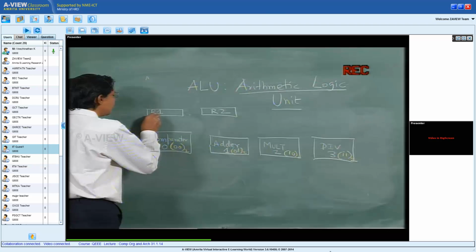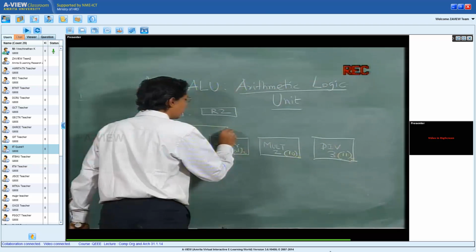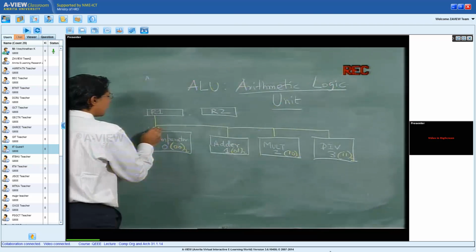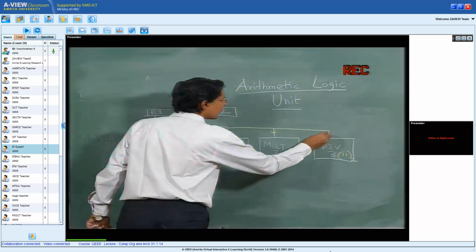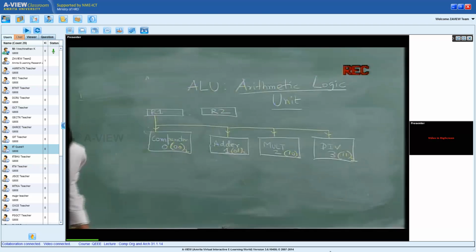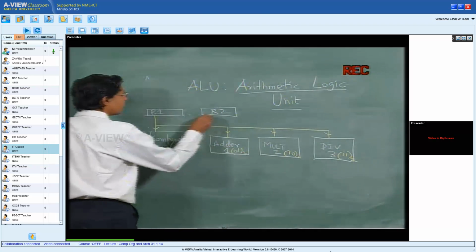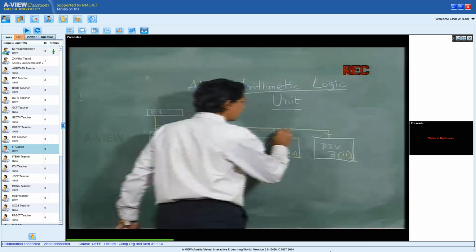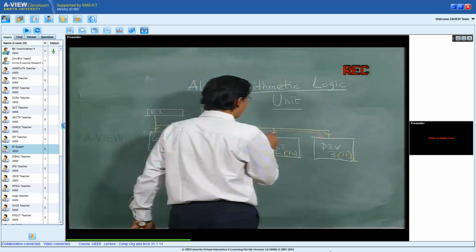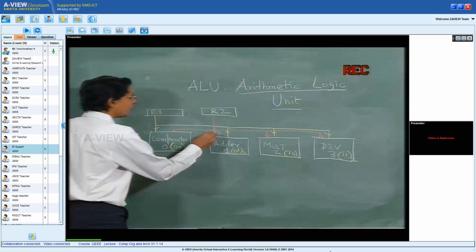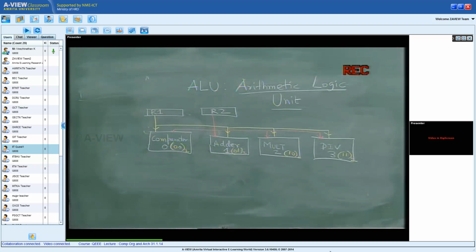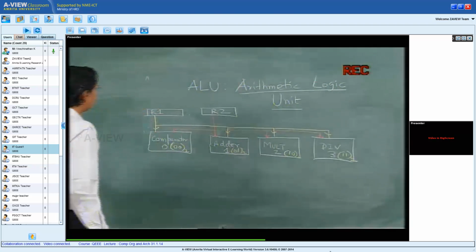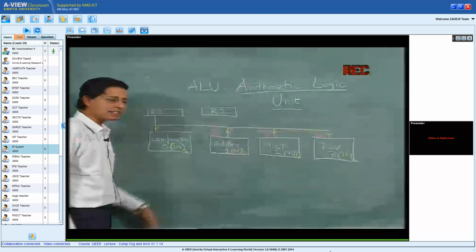Now these numbers are fed into all these units, and all these units will generate an answer.